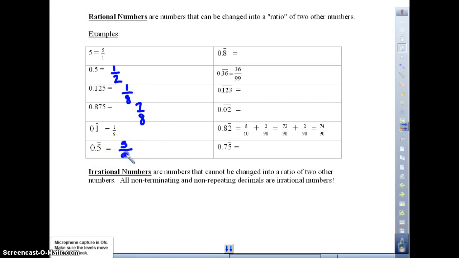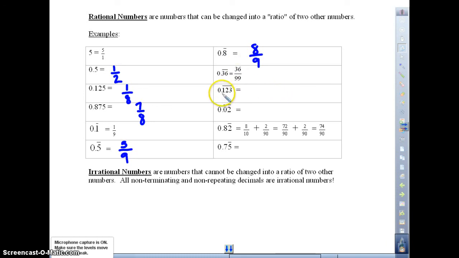Yeah, that's 5/9. How about 0.8 repeating? 0.88888? Yeah, that's 8/9. Okay? Now, if I have 0.36 and it repeats, so it's 0.36363636, that's going to be 36 divided by 99. Okay, that ratio of those two numbers.